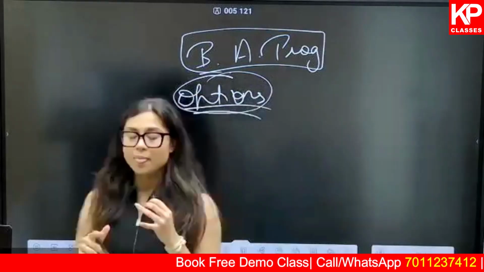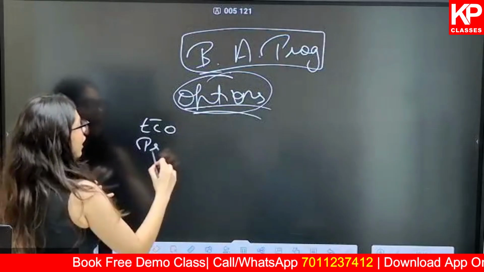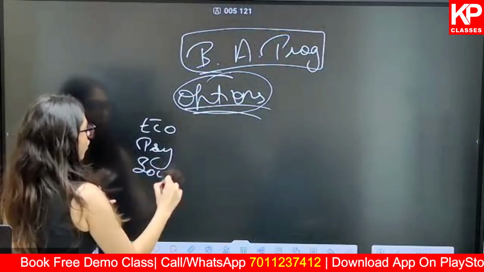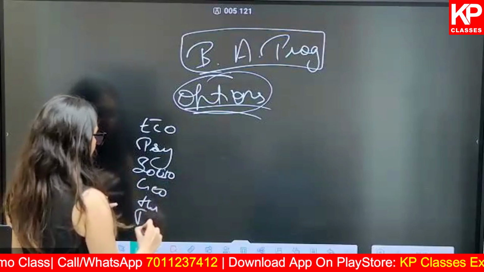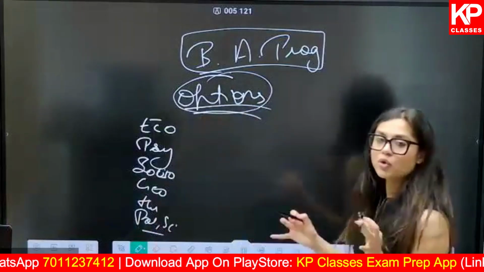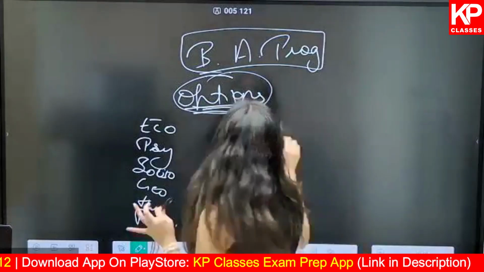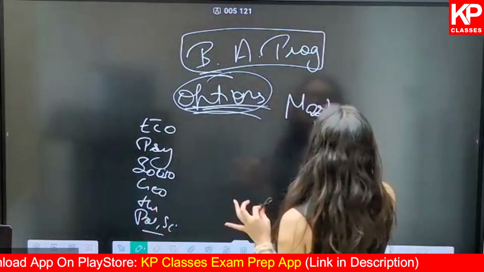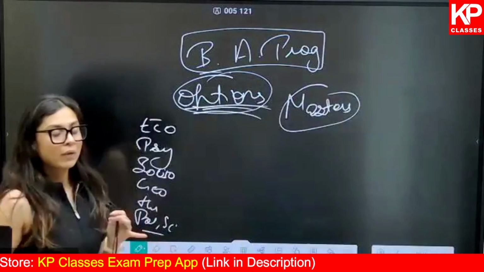You can choose combinations like eco with psych, with socio, geography, history, pol. You can choose various combinations if you want to pursue BA program. So the doors are open for your masters, and you can pursue masters in any of the fields.